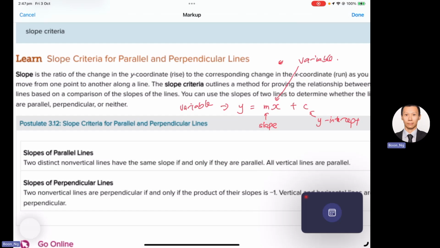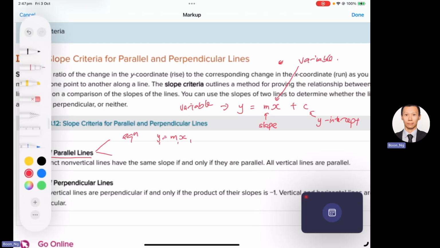When we are trying to compare two lines, each line will have one equation. We will have equation one, which is y equals m1 x plus c1.